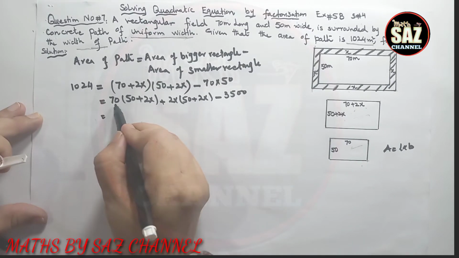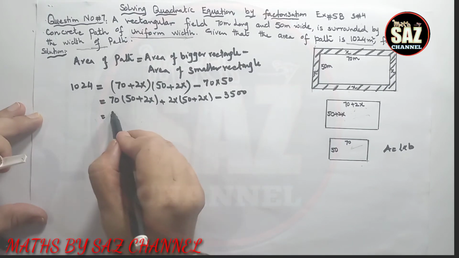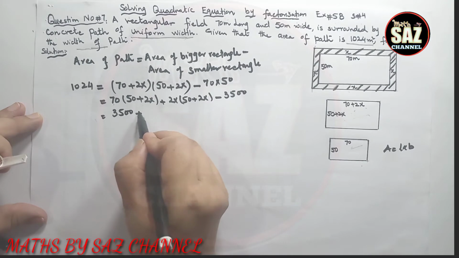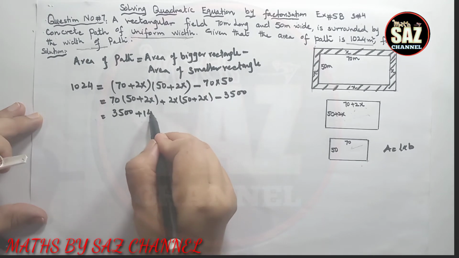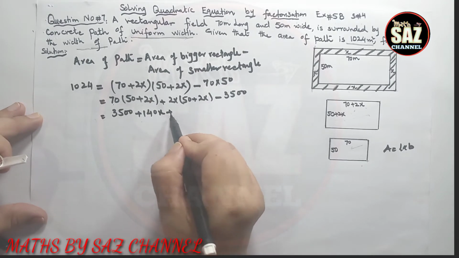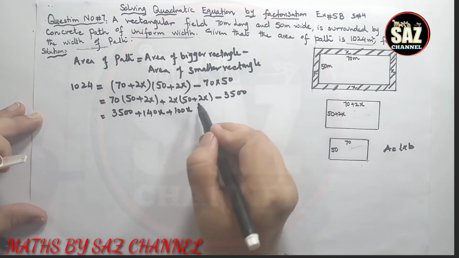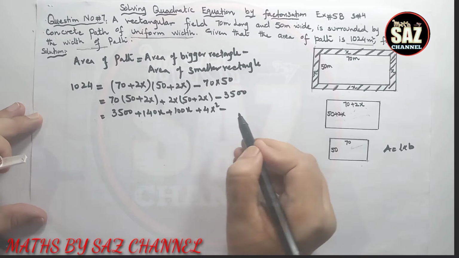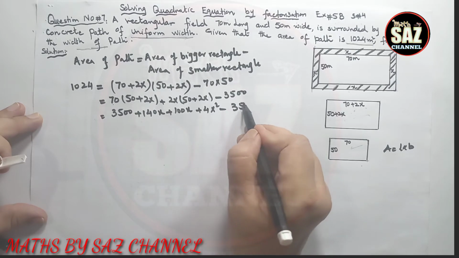Now 70 has to be multiplied with every term inside the bracket. 7 multiplied by 5 is 3500, plus 7 2s is 14, 140x, plus 100x, plus 2 multiplied by 2 is 4x square, and minus 3500.